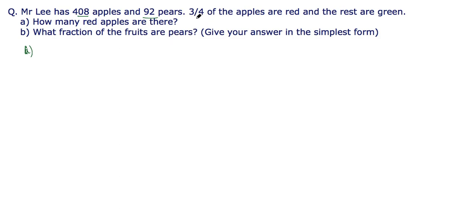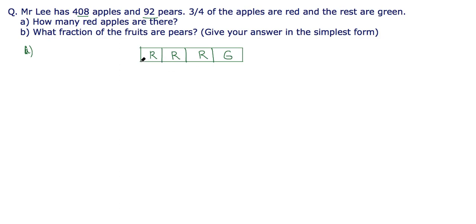Since it's 3 by 4 of the apples, that means the total number of apples can be divided into 4 parts. So let's draw a quick model and divide it into 4 parts. Out of these, 3 units are red and 1 is green.